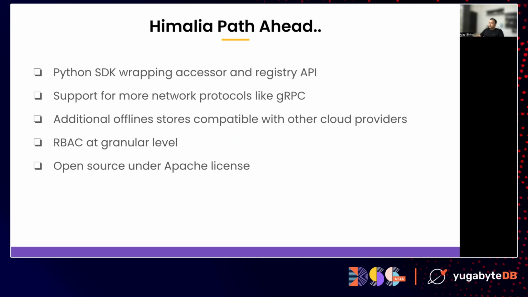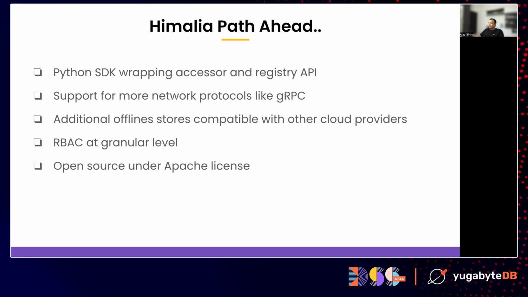So this is the future, or path ahead, for Himalaya. We want to build a Python SDK, which is a wrapper around our SDK and registry API, so that it is more convenient for our ML and data engineers, the data science folks. We want to support more network protocols like gRPC.